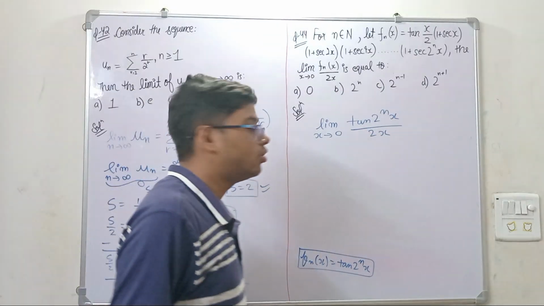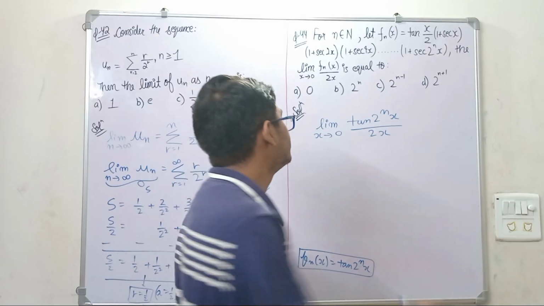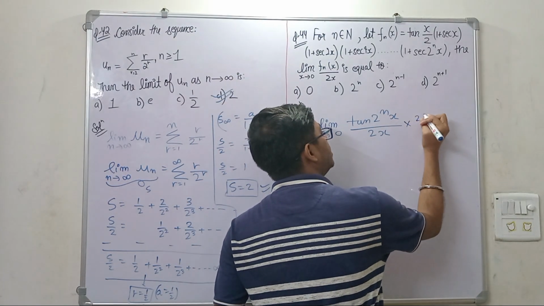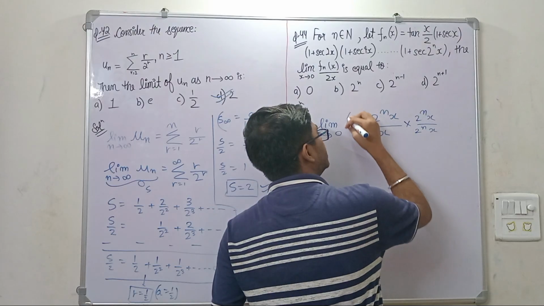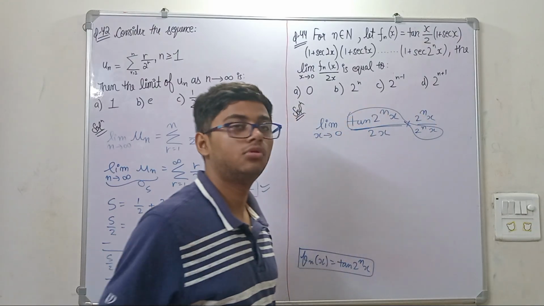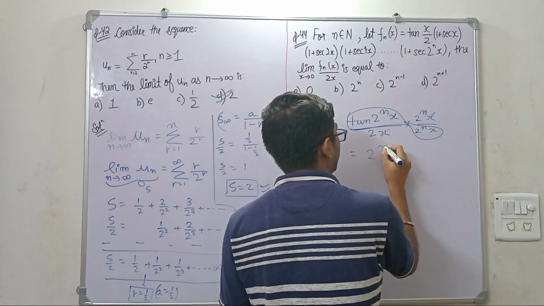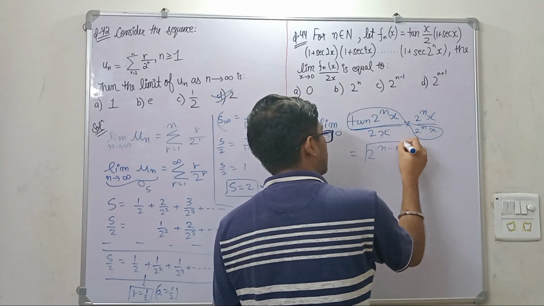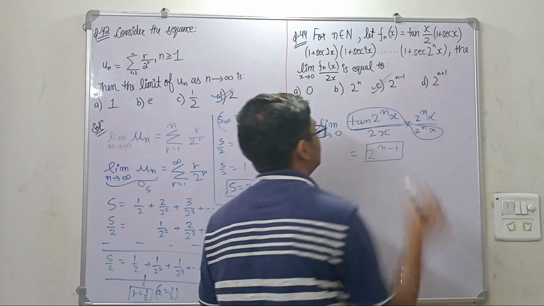Now you know one standard limit, tan x by x is 1, limit x tends to 0. So you can just multiply here by 2 to the power n x and divide by 2 to the power n x, then this term will come out to be 1. Okay, and x is cancelled, and your final limit is 2 to the power n minus 1. Means this is the final answer for the limit, option number C.